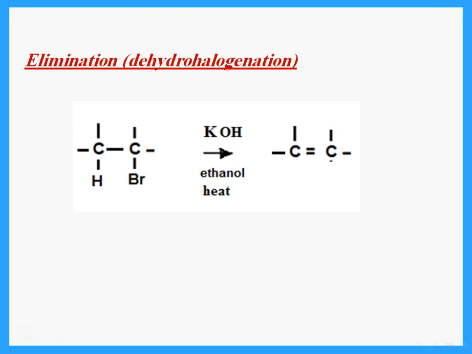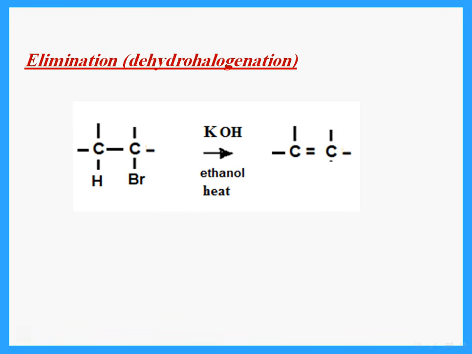Okay, another reaction is elimination, or what we call dehydrohalogenation. So if I put potassium hydroxide in ethanol, alcoholic KOH, remember, there was another reaction where we did potassium hydroxide in water, aqueous KOH, which just replaces the Br with OH.